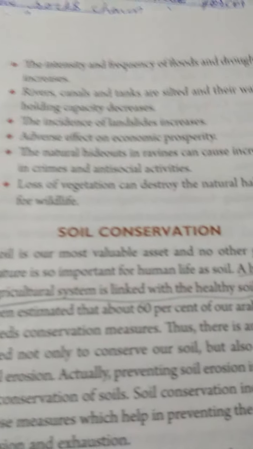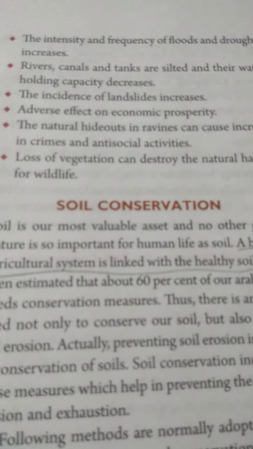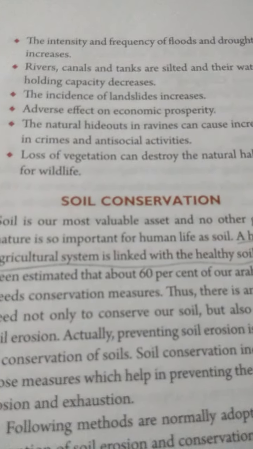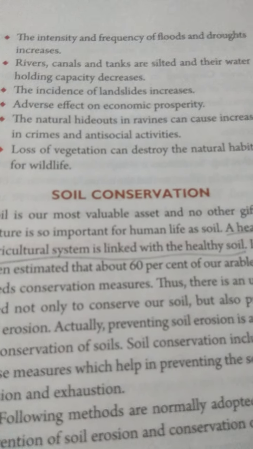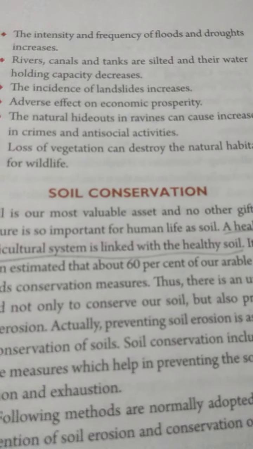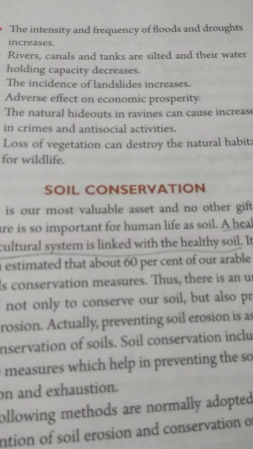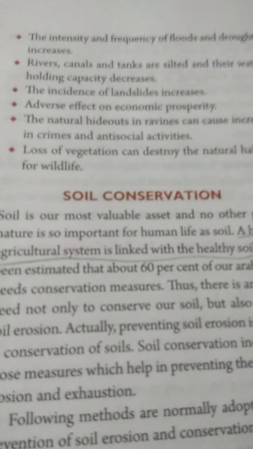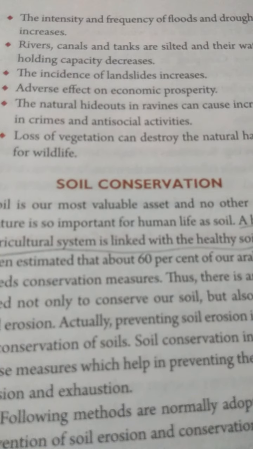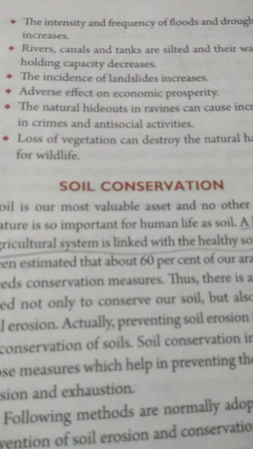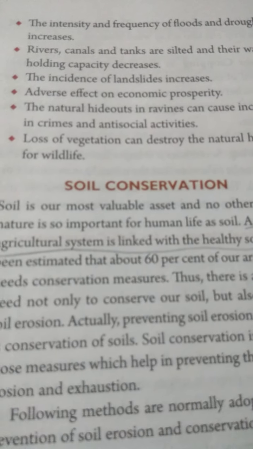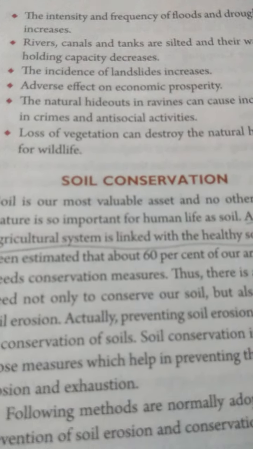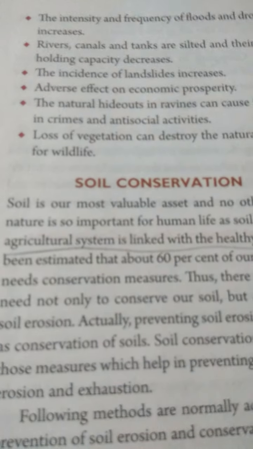The intensity and frequency of floods and droughts increase. Rivers, canals and tanks are silted and their water holding capacity decreases. The incidence of landslides increases, with adverse effects on our economy, loss of vegetation, and everything.